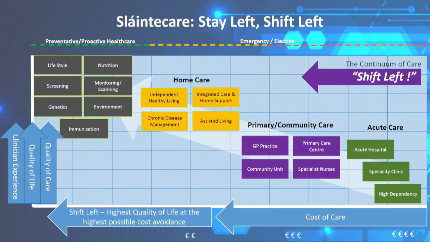The strategy is very simple. Stay Left is about allowing people who are well to stay well in their homes, or if you happen to have a chronic condition, that you can be managed best of all at home. Shift Left is about moving people as quickly as possible from an acute setting to a community setting to a home setting. One very good example of this, which I'll elaborate on a little bit more, is remote monitoring of COVID-19 patients.